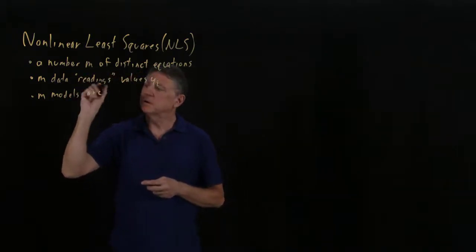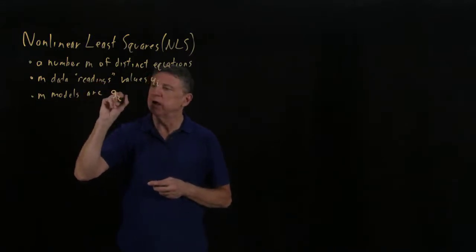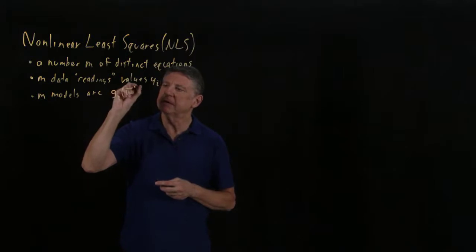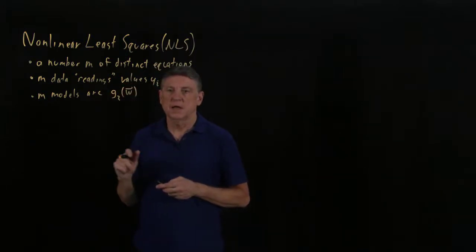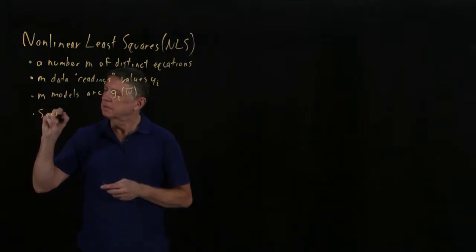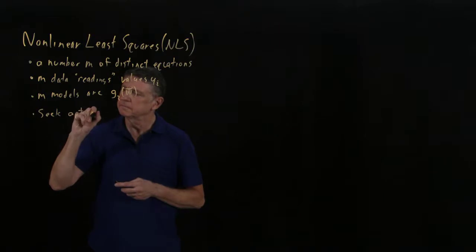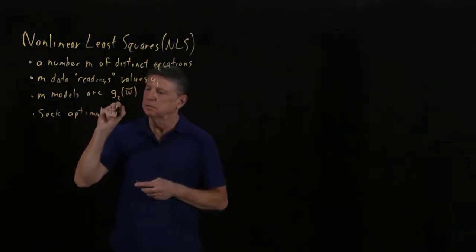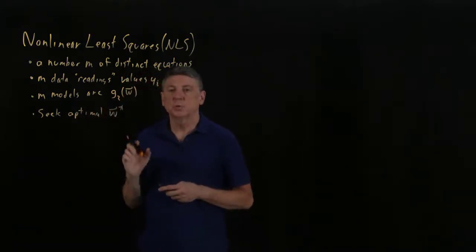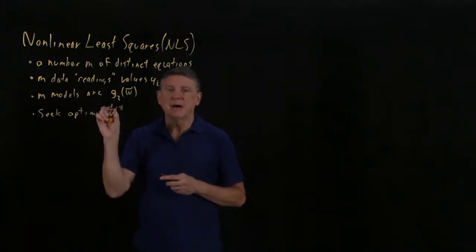So these are functions, and we'll represent them as g sub i, and they all have the same vector argument. And we seek an optimal w star. That is, we want a stationary point, or something close to a stationary point, that minimizes these all at once.